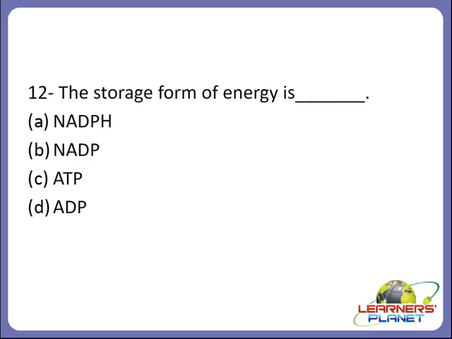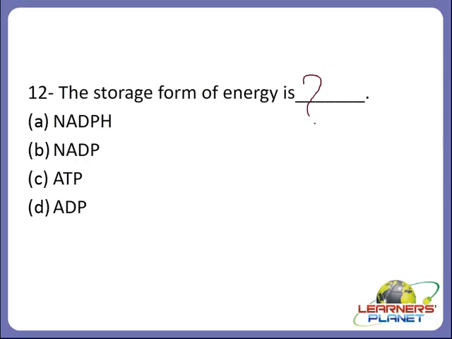The storage form of energy is a very important and very interesting question. The options given here are NADPH, NADP, ATP and ADP. So basically all these compounds are energy rich molecules.